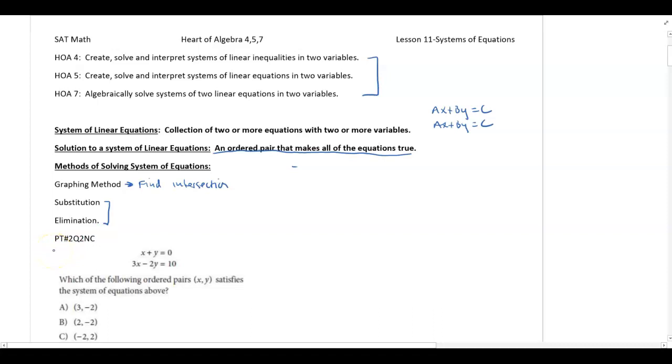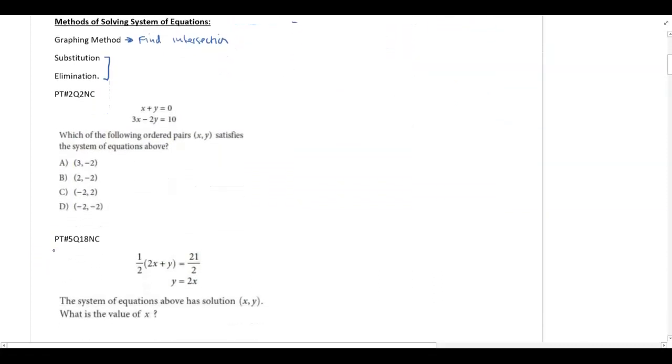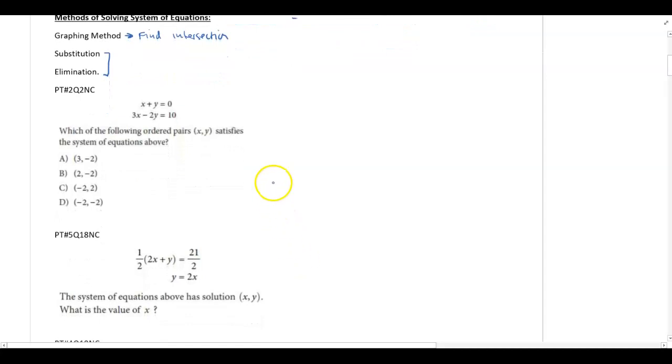Okay. Now, the first example here, we're going to use the elimination method. It says, which of the following ordered pairs satisfies the system of equations above? So here's my system. The elimination method is basically trying to eliminate either the x's or the y's by adding the two equations together.